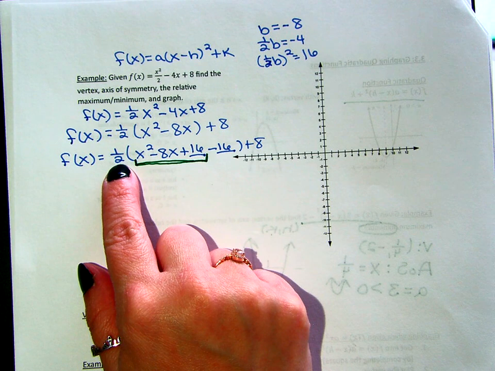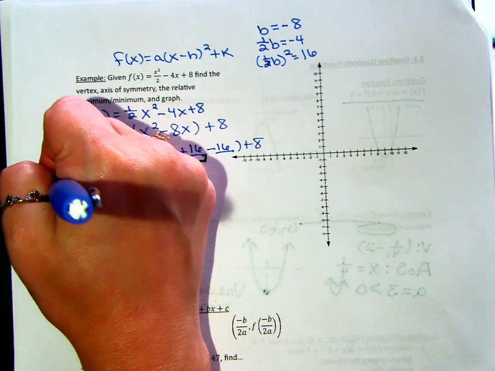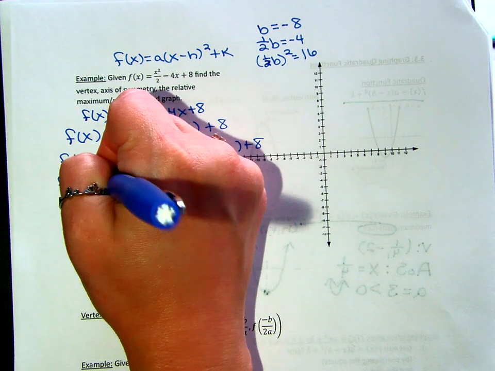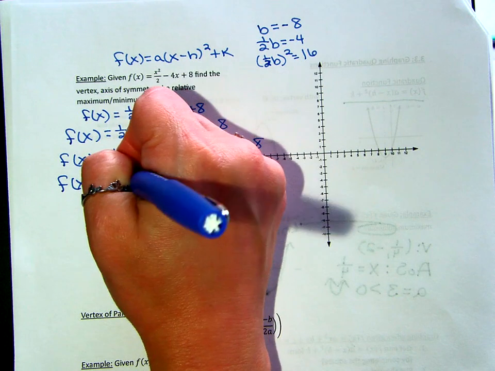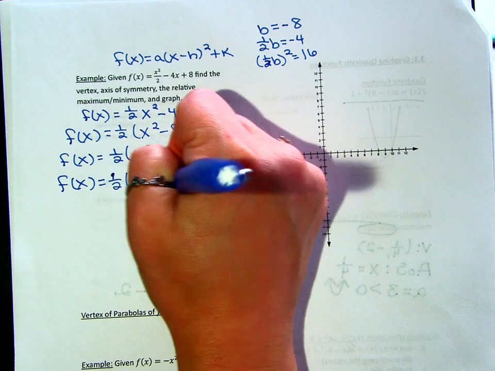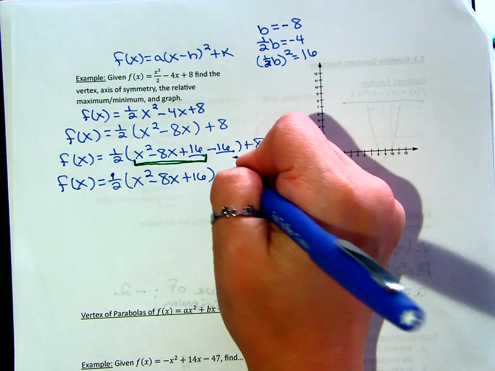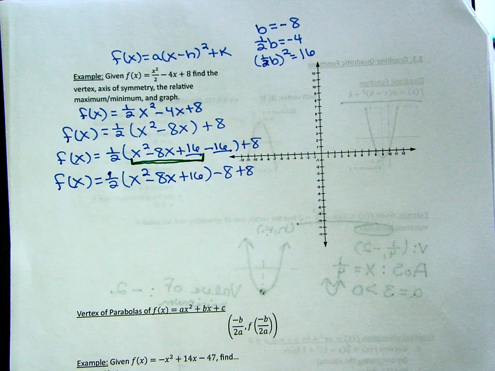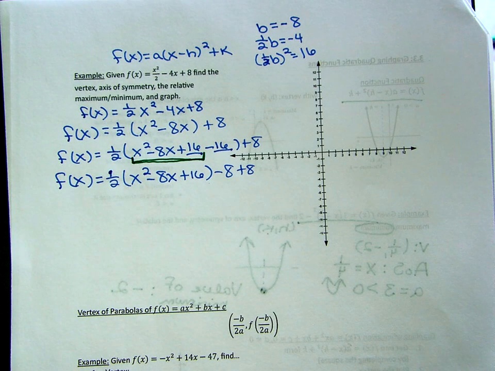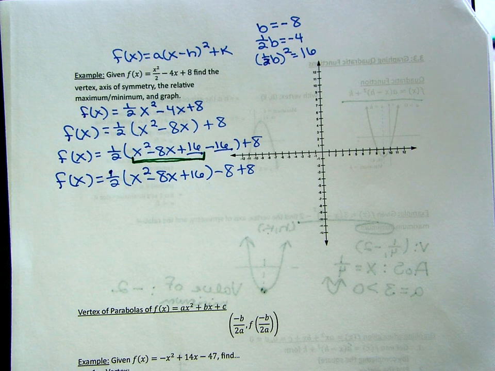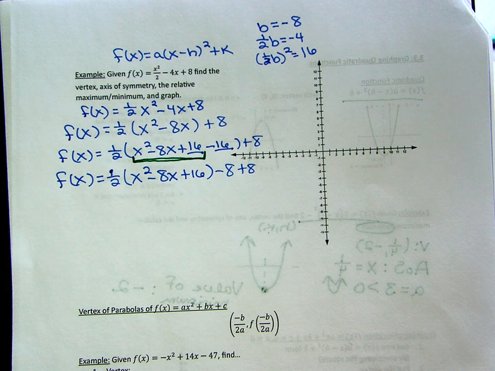What really ends up happening is you have the 1/2 here with the x squared minus 8x plus 16. The 1/2 times the negative 16 gives you a negative 8, and then you have the plus 8 out there. You have to distribute that 1/2 before you're going to add it to the constant. I know it's weird. It doesn't play by all the rules that we usually play with because it's a little bit different, which is why I included it in the notes.